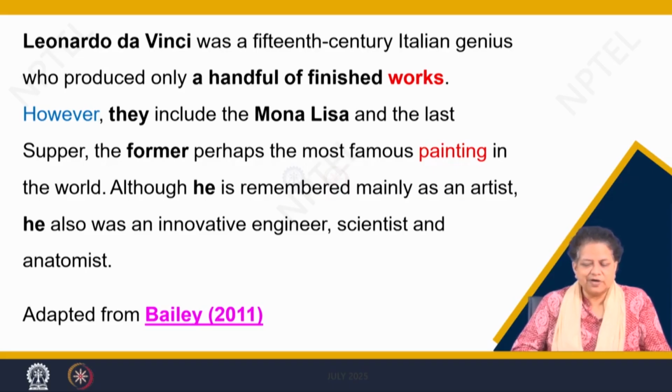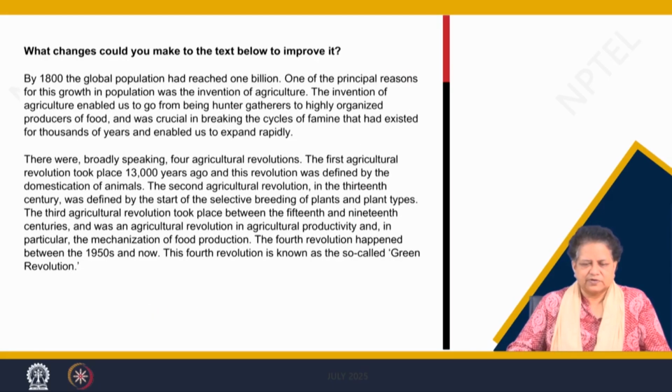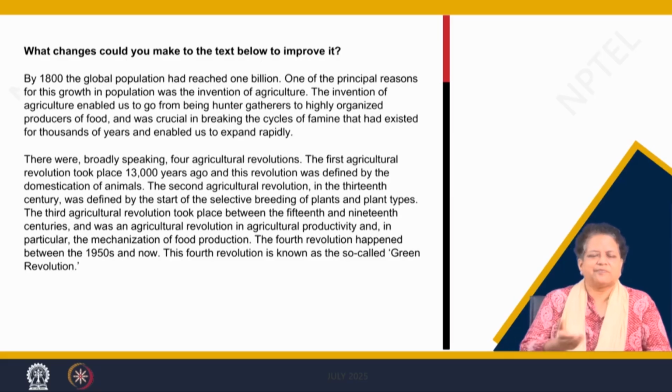Although he is remembered mainly as an artist, he also was an innovative engineer, scientist and anatomist. And this is again adapted from Stephen Bailey, Academic Writing, published 2011. Now, the purpose is, why have we highlighted certain words by using different color or bolding it? So, you have to examine that question.